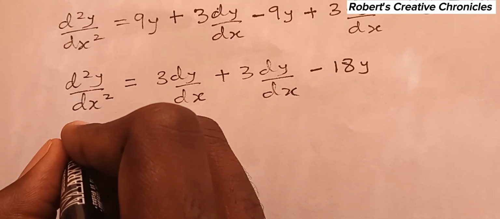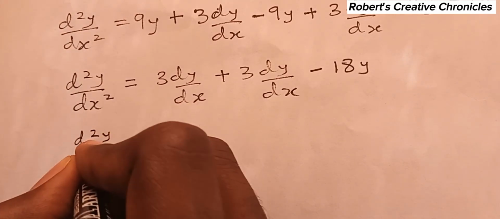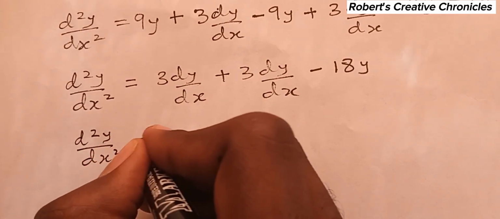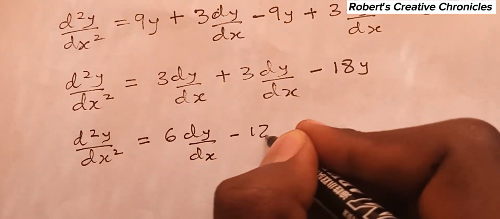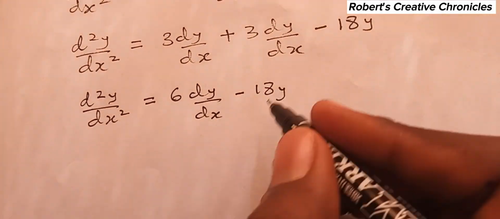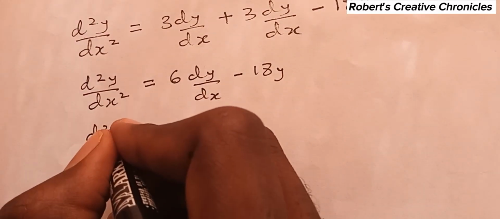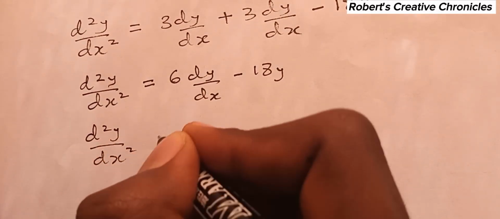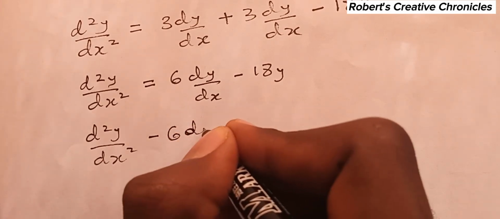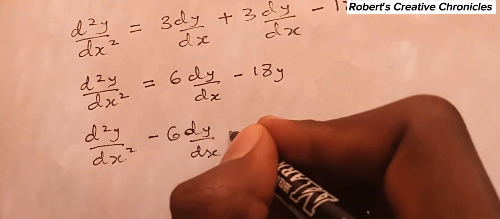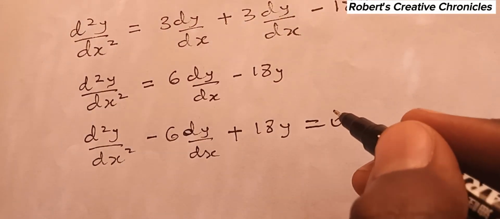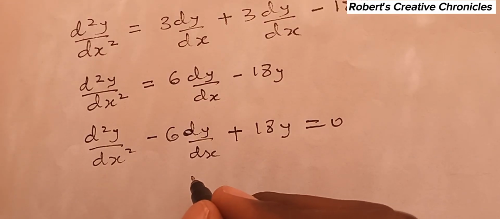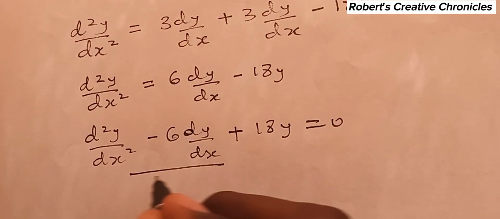So d²y/dx² equals 6 dy/dx minus 18y. We take this to the other side, we have d²y/dx² minus 6 dy/dx plus 18y equals 0. So this becomes my final answer.